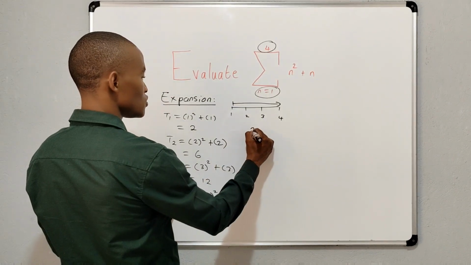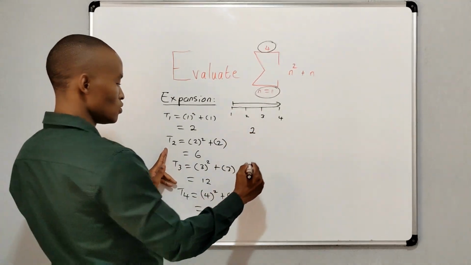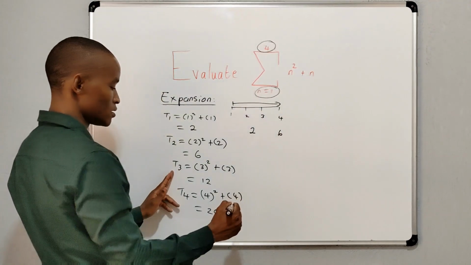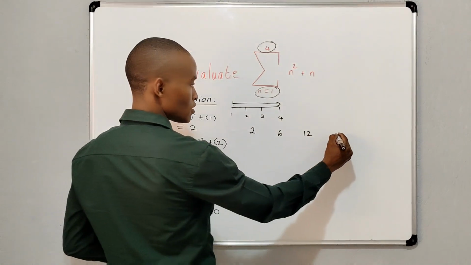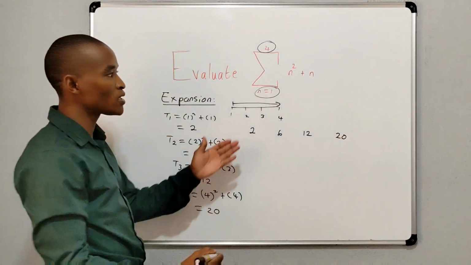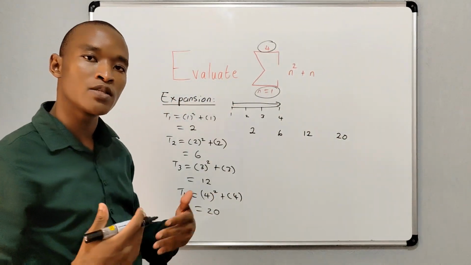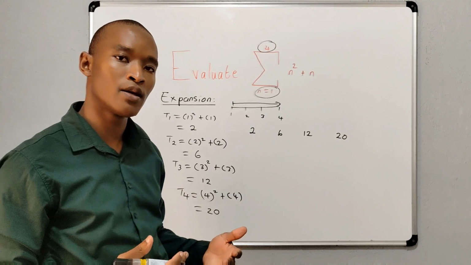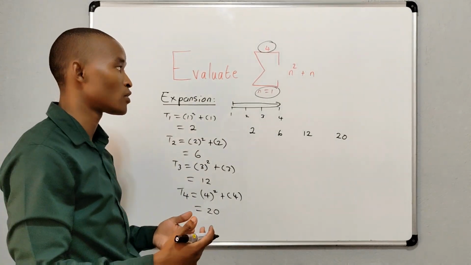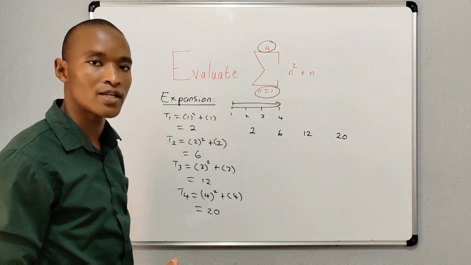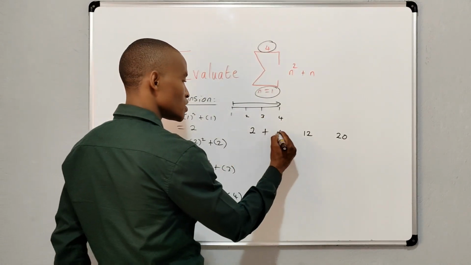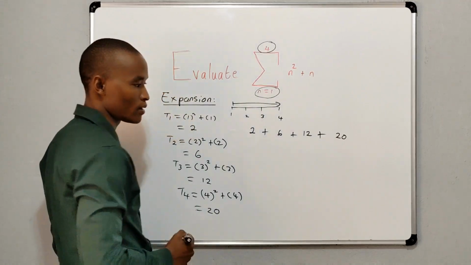Term 1 is 2, term 2 is 6, term 3 is 12, term 4 is 20. What does this notation mean? It just means to sum, meaning to add all the values of the terms, or the number of terms that you're looking for. We're looking for the first 4 terms in this quadratic series. So we just perform the operation there, we add.